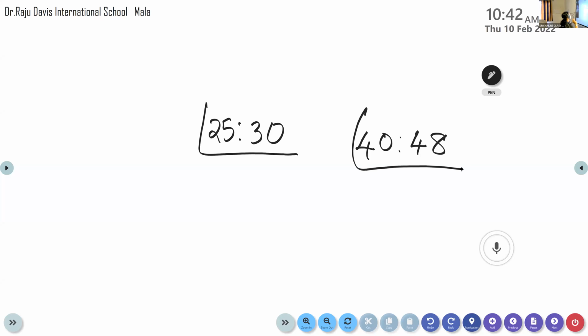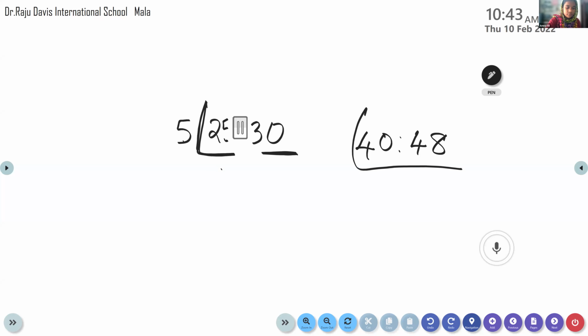With which number can the first ratio be divided? The first one is 25. Tell me, by which number can we divide? 5. 25 divided by 5, tell me the answer. 5.